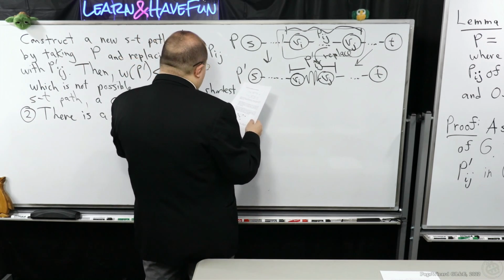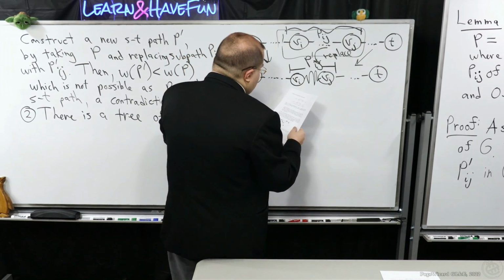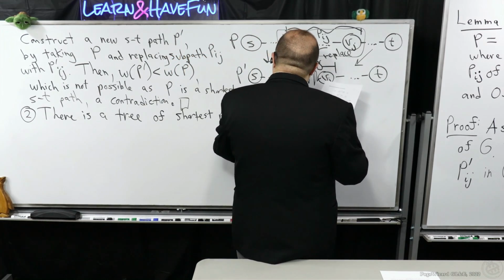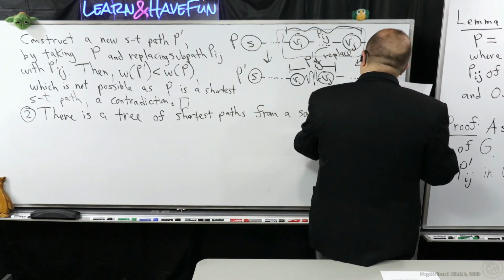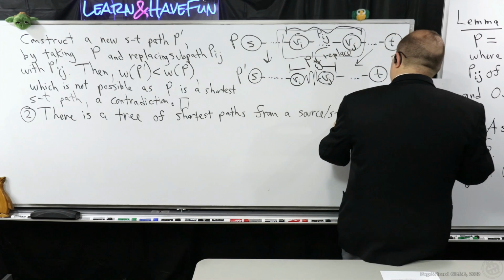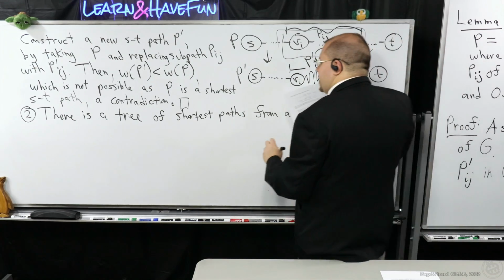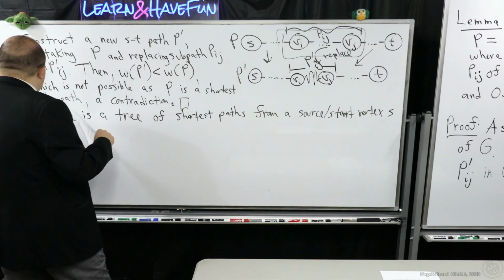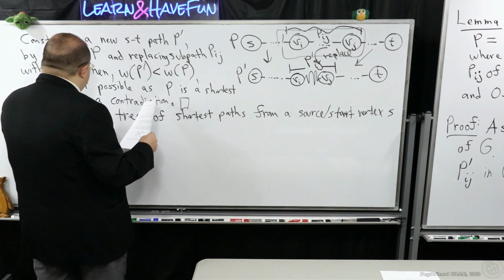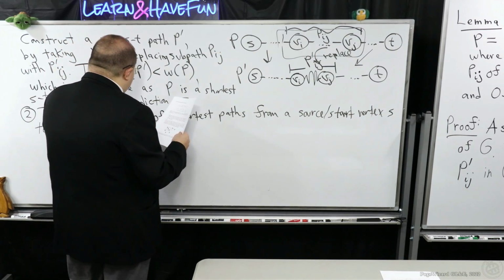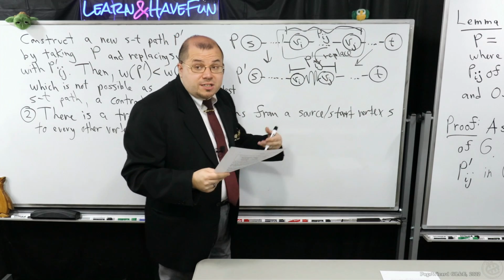A tree of shortest paths from a source or start vertex S to every other vertex of G. So what we call this is a shortest path tree.